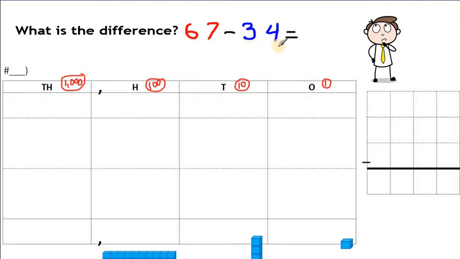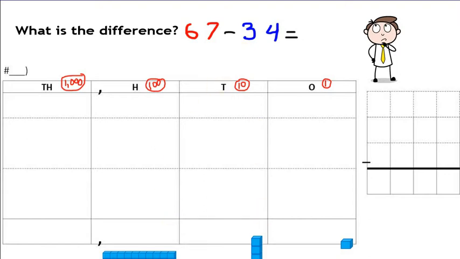What is the difference between the number of books that the two children have? Okay, so that's another way that we might see subtraction. So let's practice finding the difference here between 67 and 34.